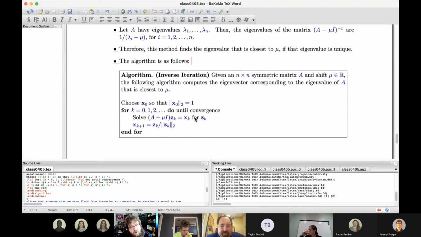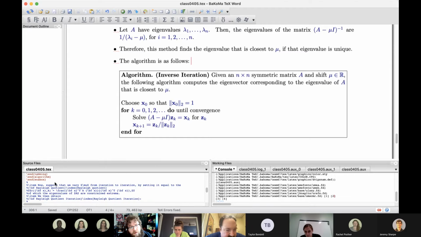You're solving an Ax equals b problem, and yes, that can be expensive. Then you normalize the solution z_k. These sequences of x's are unit vectors, and they will converge, hopefully, to an eigenvector of A. The corresponding eigenvalue will be the eigenvalue of A that is closest to whatever you've chosen for mu.